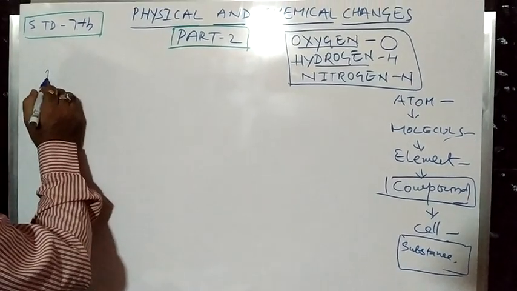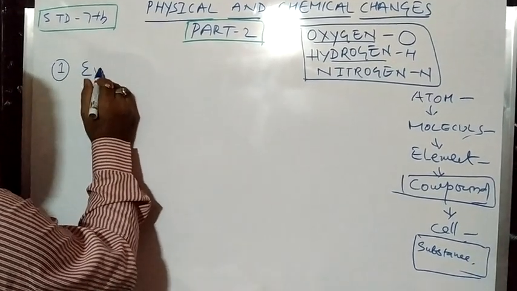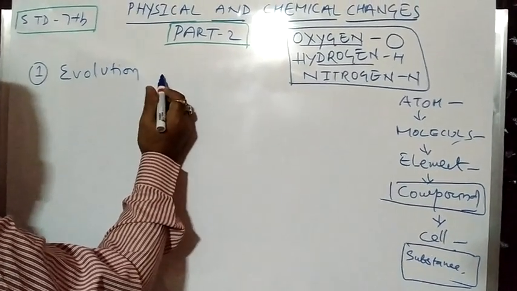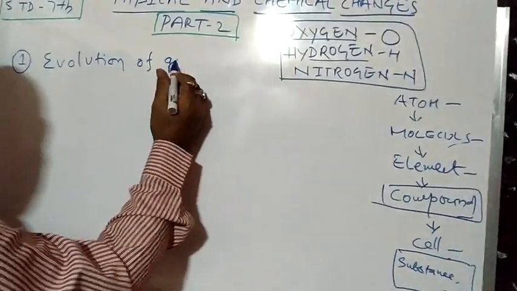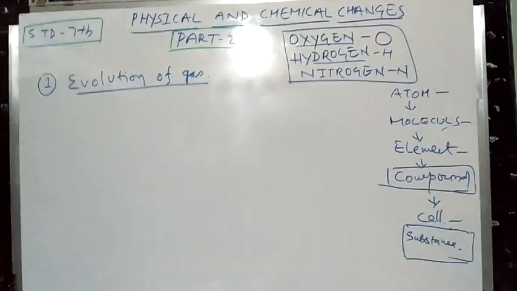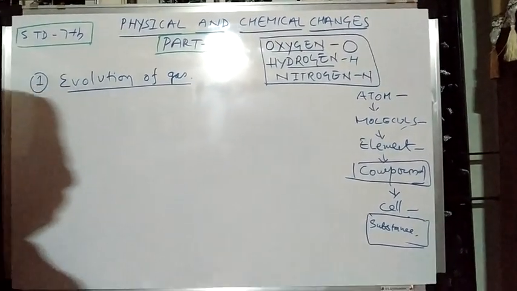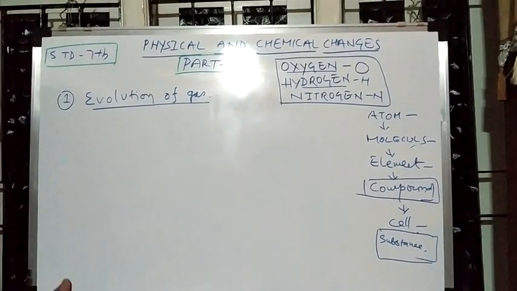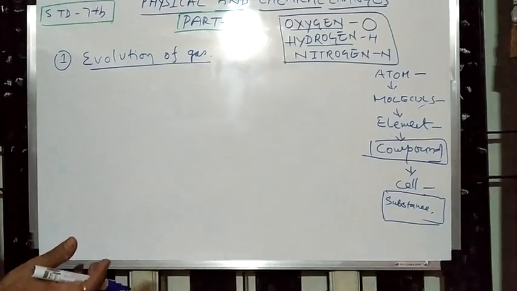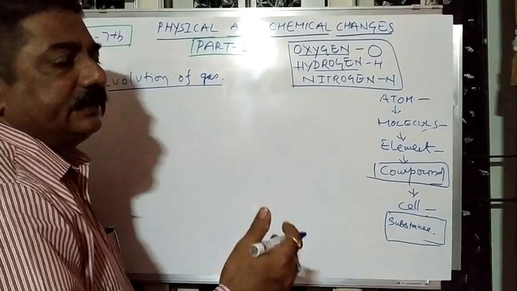The first one is evolution of gas. So we need to understand what evolution of gas is and what a reaction is. When a chemical reaction happens, we understand that in chemical changes a new substance comes.